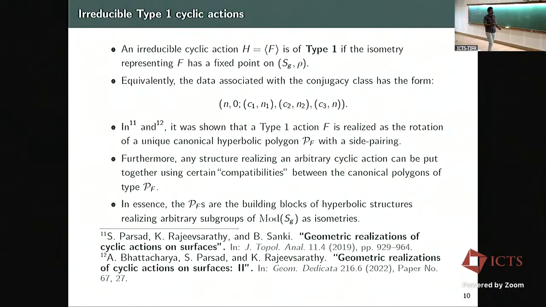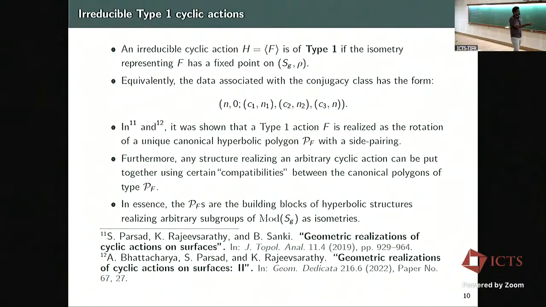And not only that, we went on to say that these structures that realize these actions are like the building blocks. If you want to realize a structure realizing an arbitrary cyclic action, you can take these canonical structures and put them together in a certain way, through certain compatibilities, and construct arbitrary cyclic actions.